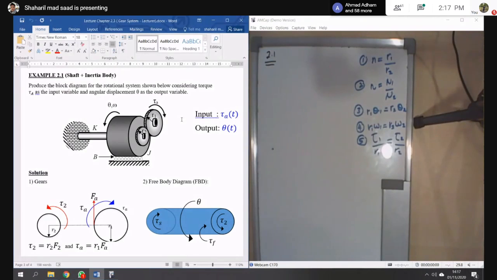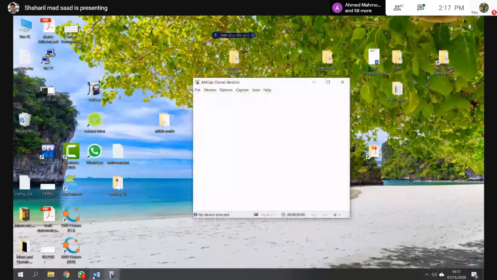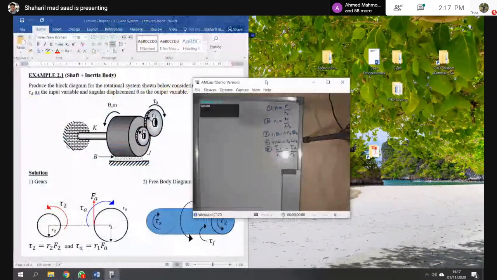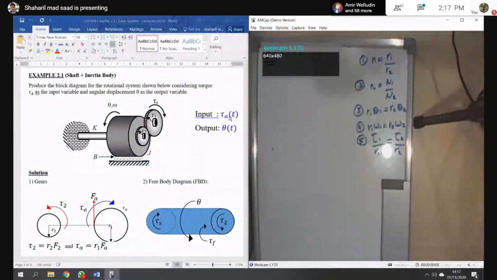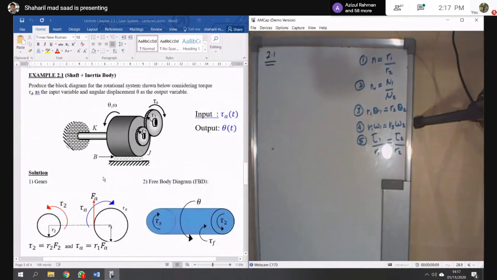Okay, so first thing that we need to know is the input TA, I call it TA, torque A. And the output will be angular displacement theta. So first of all, you need to draw the free body diagram of the gear itself, okay? So let's look at it.